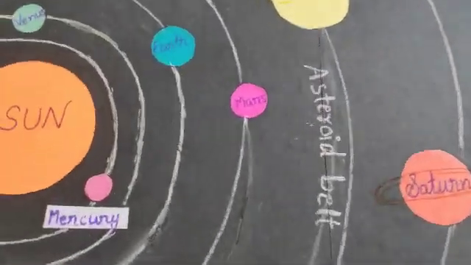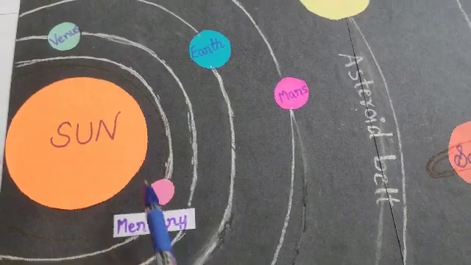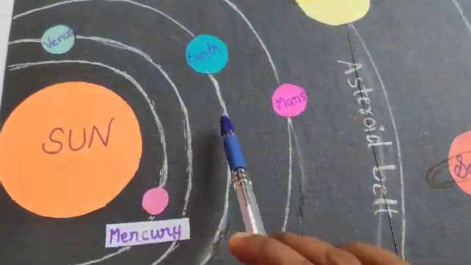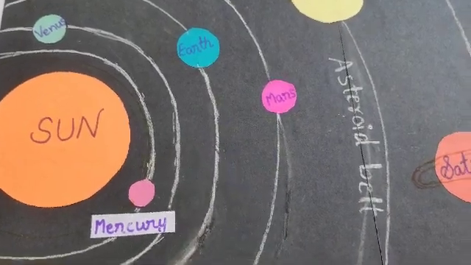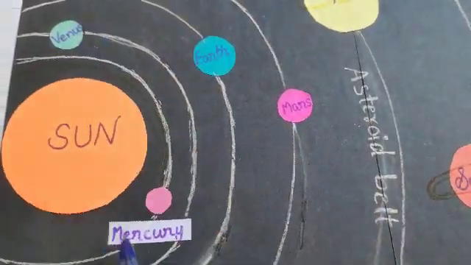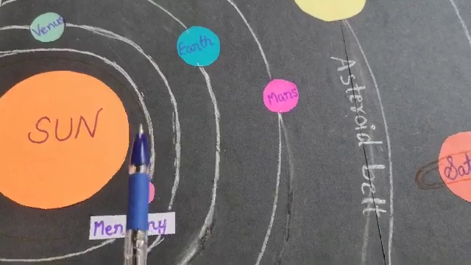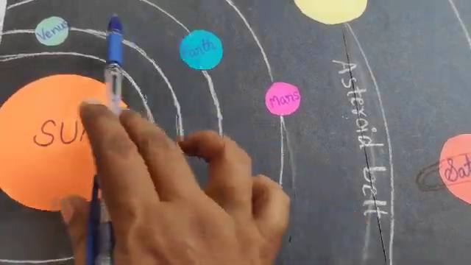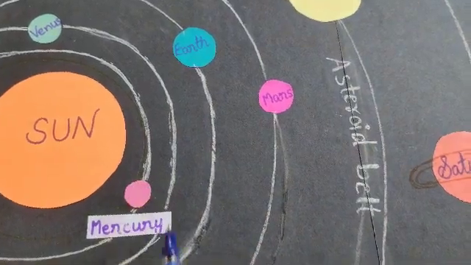So here you see, children, Mercury, Venus, Earth, Mars. These 4 are called inner planets, and they are very close to the sun. All these 4 planets are made up of rocks.